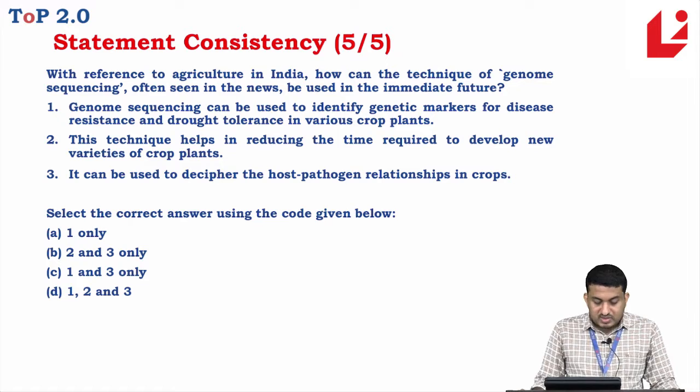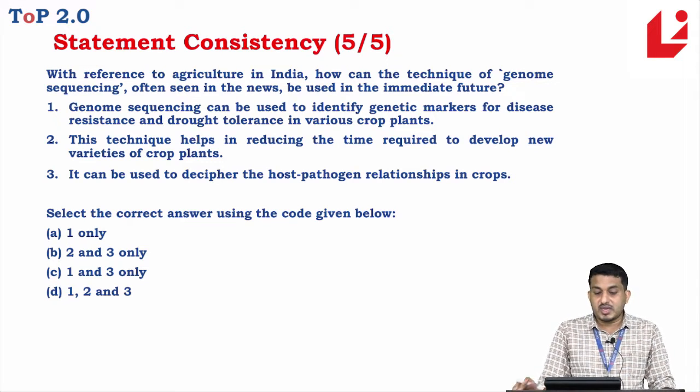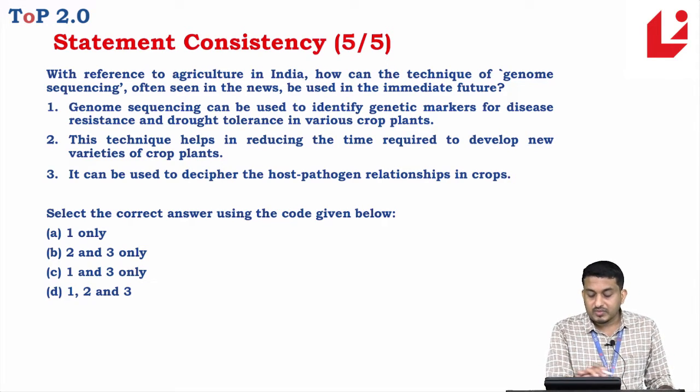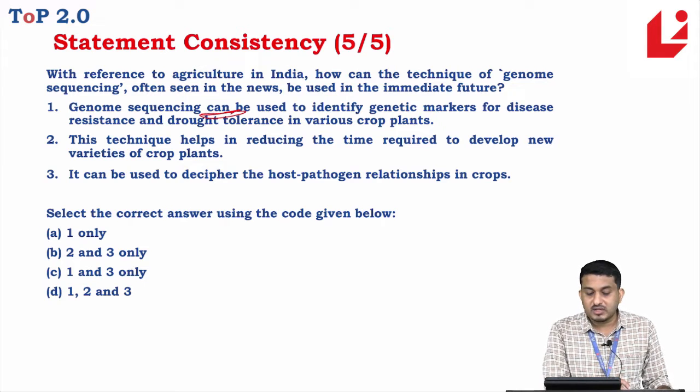Now you read statement 1, genome sequencing can be used to identify genetic markers for disease resistance and drought tolerance in various crop plants. Not all crop plants. So there is every possibility that this statement is correct.